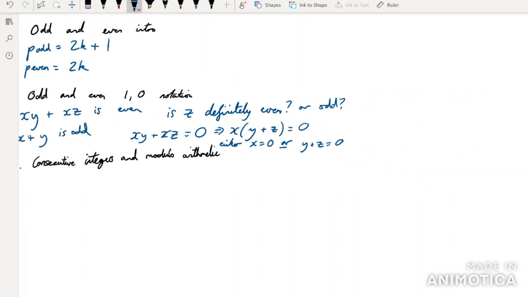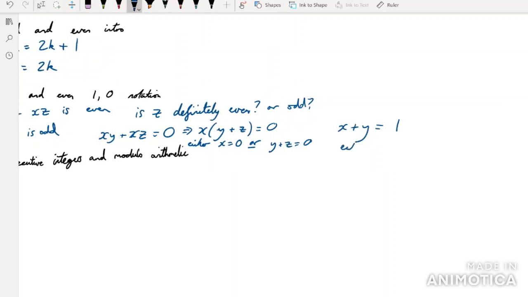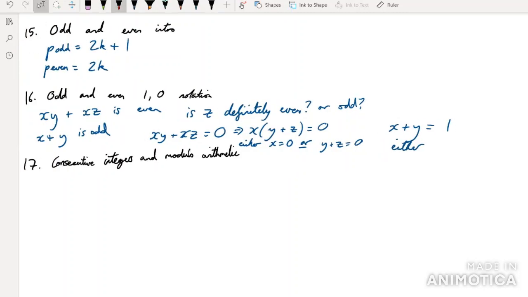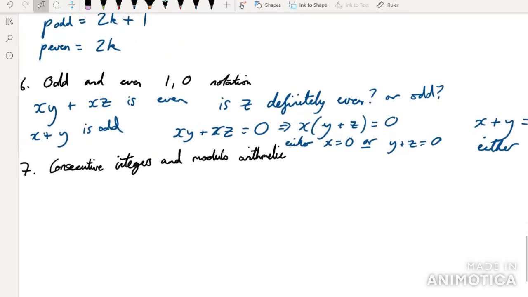And then we have x + y equals odd, so x + y equals 1. And so either, let's throw in another thing just because we haven't got enough information. And we also know x is odd, let's just say.